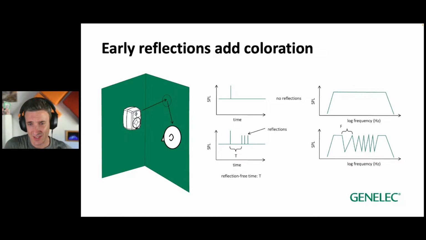So the sound is just no longer true to the original. The sound is colored. You can easily try this out if you just also Google for comb filtering. There are nice examples on the net where you can listen to it. What you can also do if you want to try it out yourself, if you have a larger book, you start speaking and you just change the angle of the book, and you will realize if there is some angle, it will start to sound a little strange. And this is exactly what early reflections do.